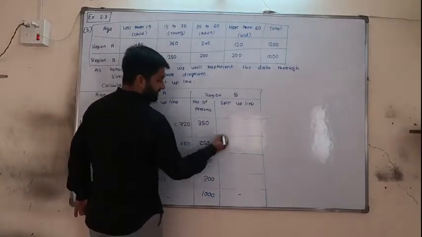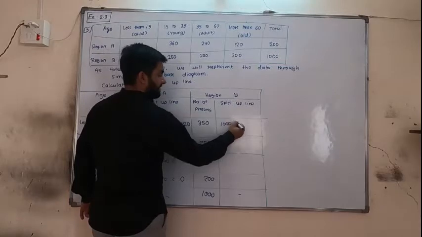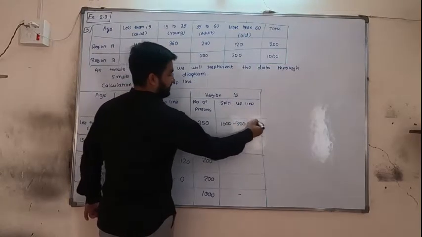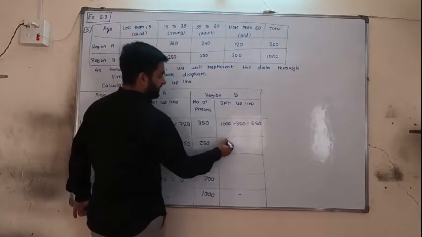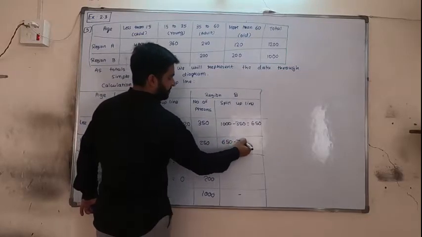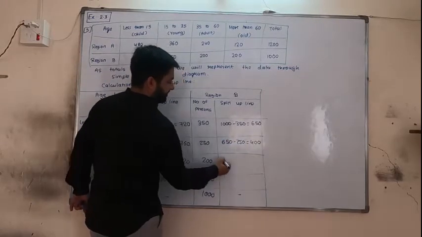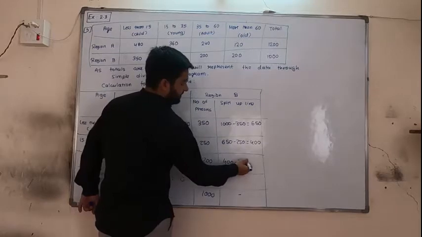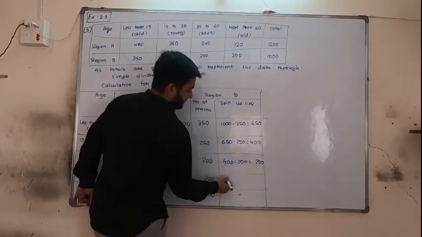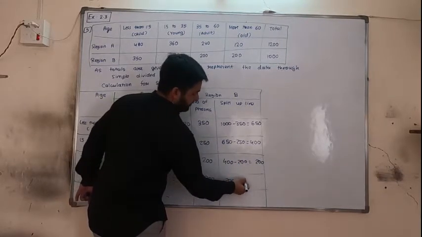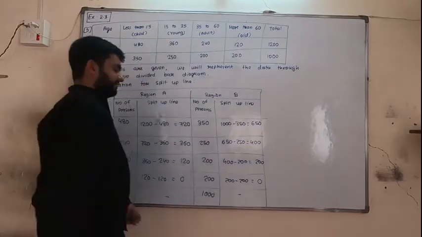Okay, here start with 1000 minus the first value 350 is 650. Take 650 down, minus 250 is 400. Take 400 down, minus 200 is 200. And last 200 minus 200 is 0.